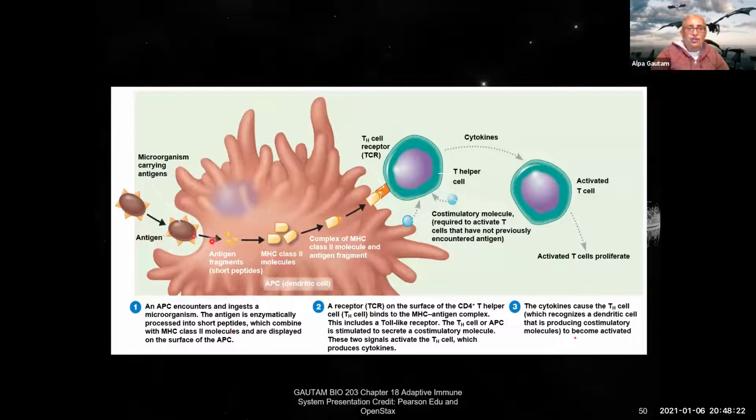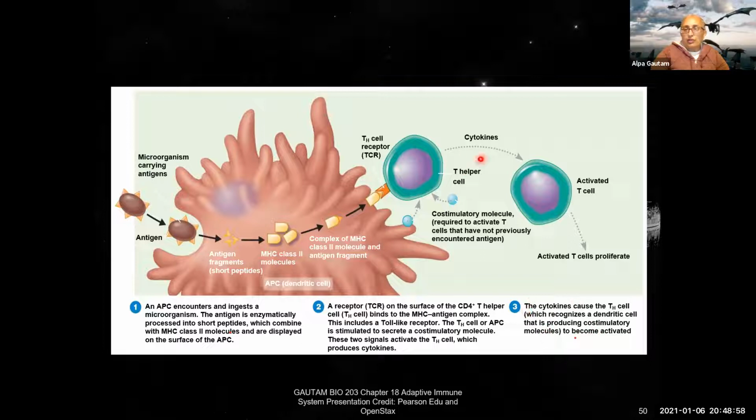So here's our APC cell. It takes in that antigen, goes through phagocytosis, and now it's presenting a piece of this antigen on its MHC class 2. Here comes along a T4 cell that happens to have a T cell receptor that can bind that antigen. You have co-stimulation, so cytokines are present, and then you have an activated T cell, and that activated T cell goes through differentiation and proliferation.